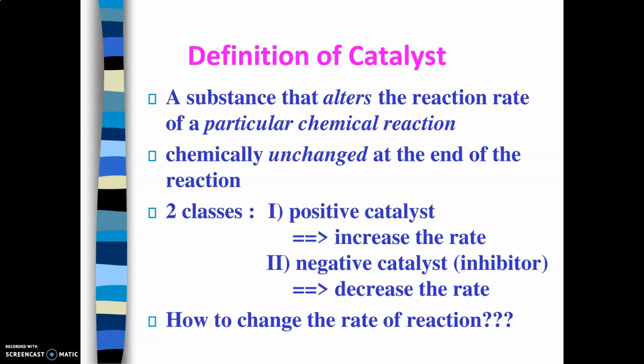That means it decreases the rate, the speed, of reaction. A negative catalyst can also be known as an inhibitor. Positive ones are promoters and negative ones are inhibitors. Clear? An example is phosphoric acid, which acts as a negative catalyst to decrease the rate of decomposition of hydrogen peroxide.